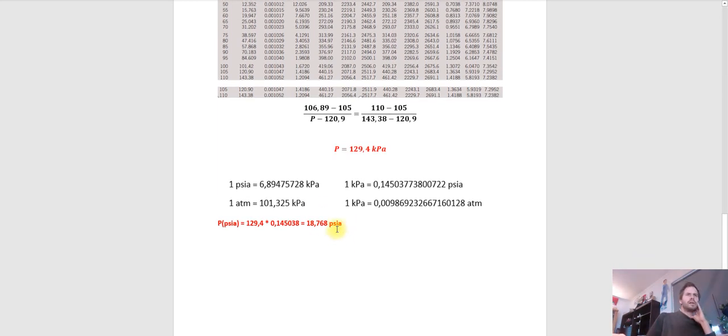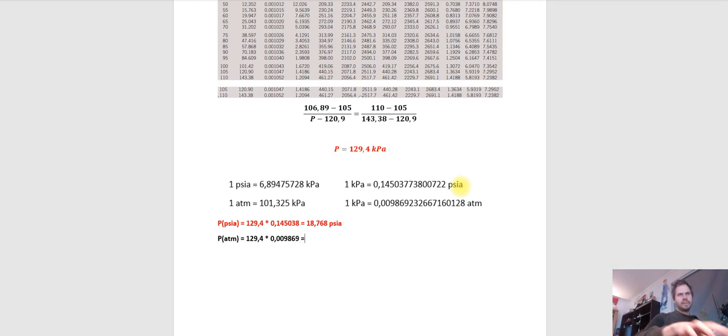That's the answer on that, and then we can also do it in ATM. I don't like red. I want to have black. And ATM, that will be 139.4 kilopascal multiplied with, so how many ATMs there is? 0.00989.